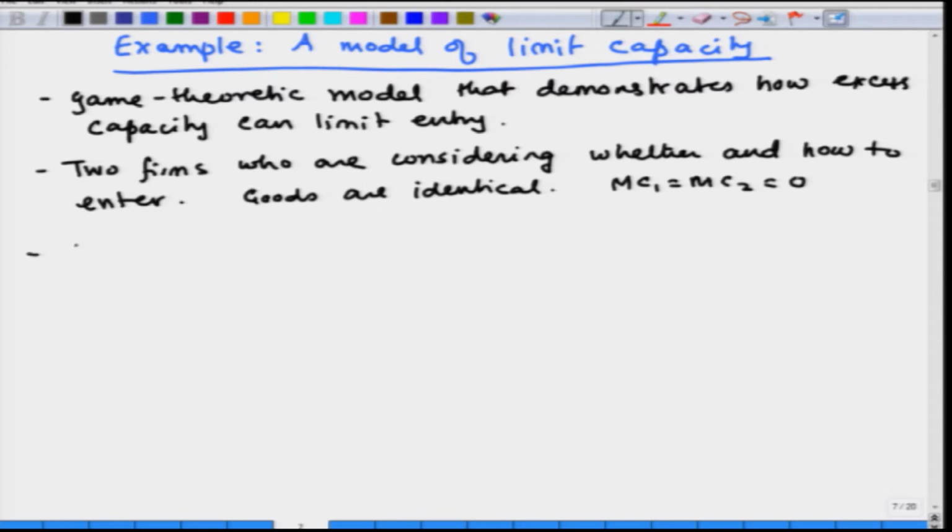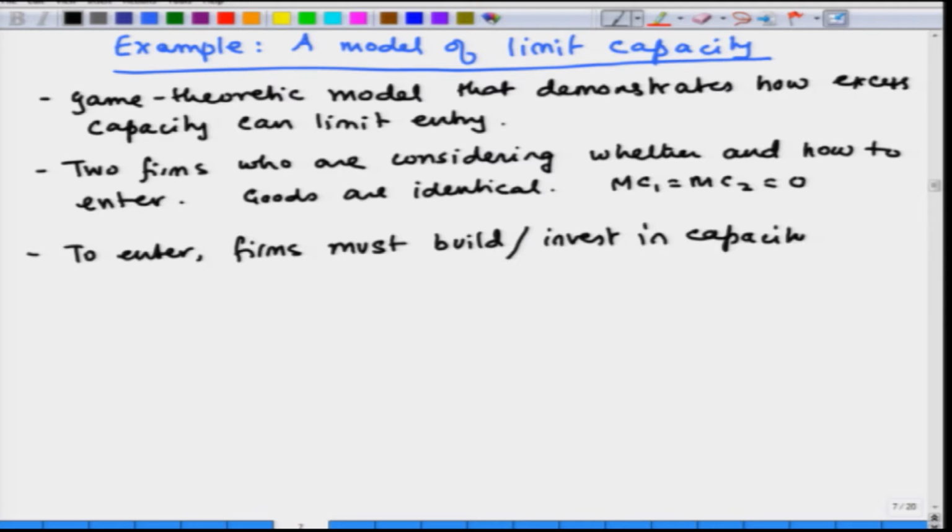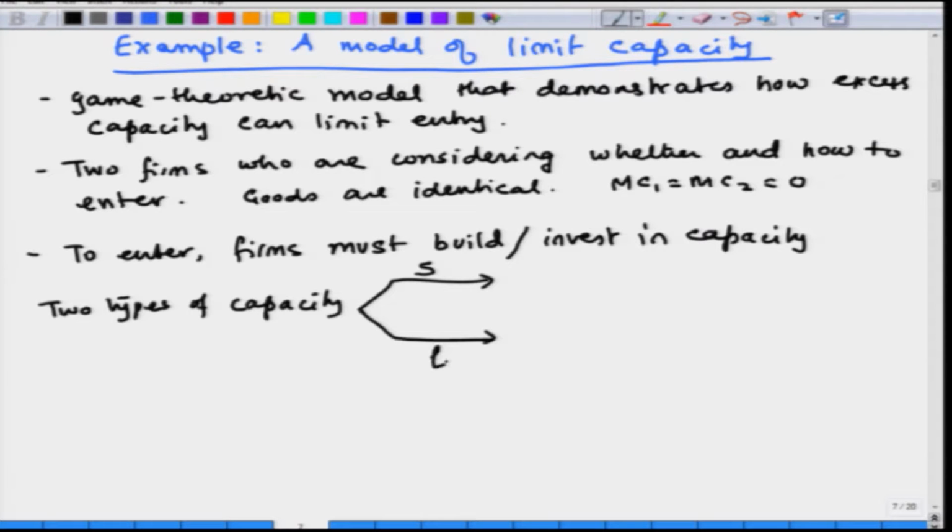Now, to enter, firms must build capacity or invest in capacity, and this capacity can be of two types. Or production facility. It could either be a small facility or it could be a large facility, right.